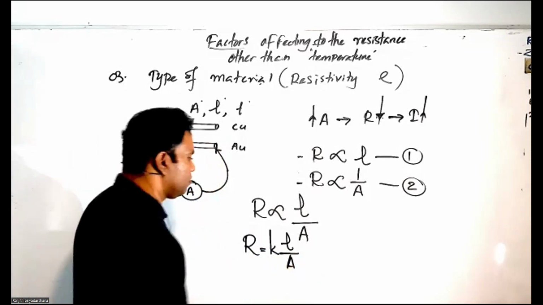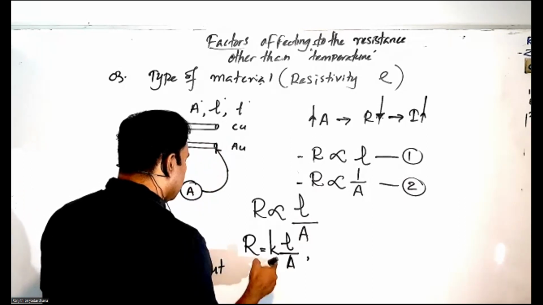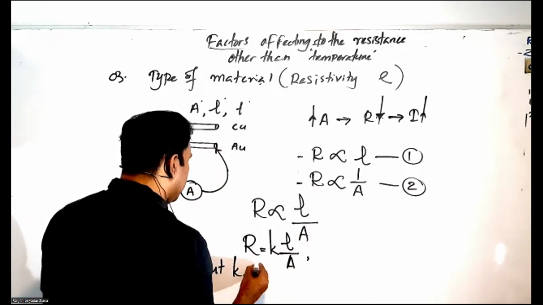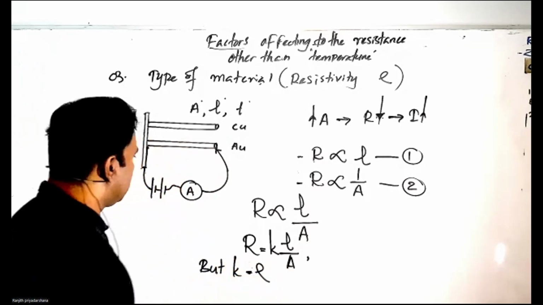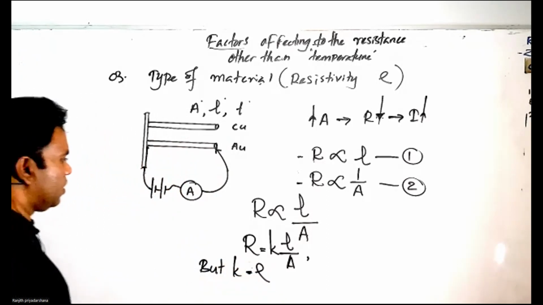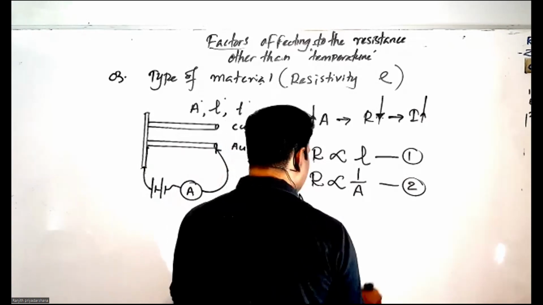This K is defined as rho. Rho means resistivity. This equation has been removed from the syllabus.